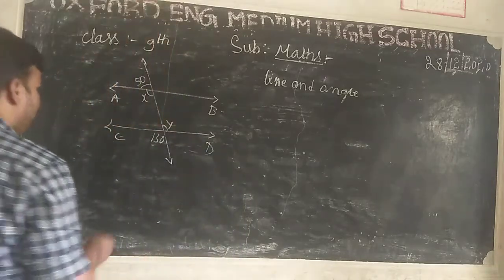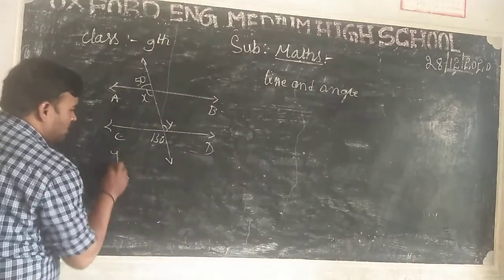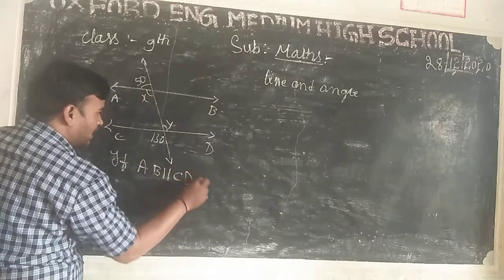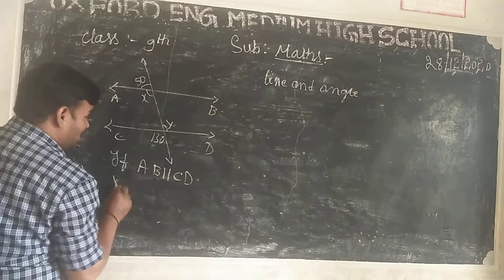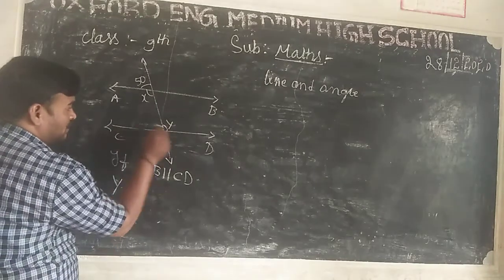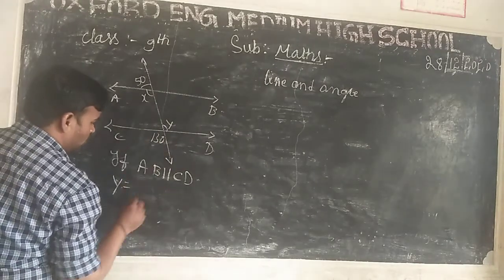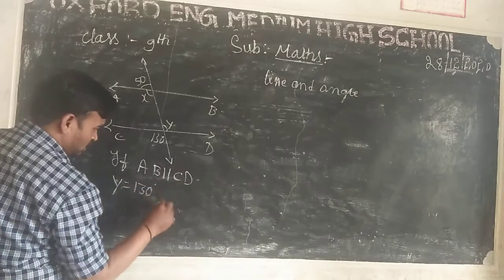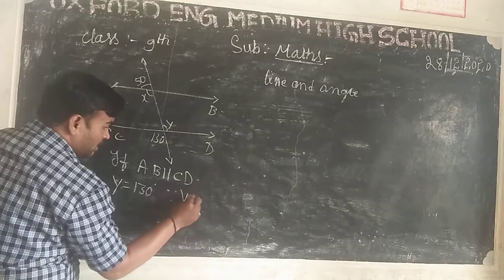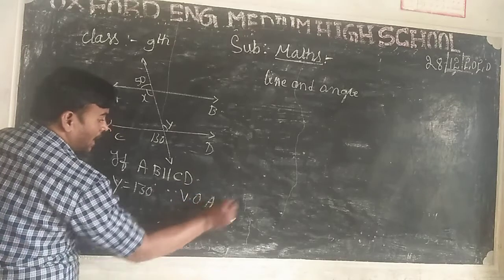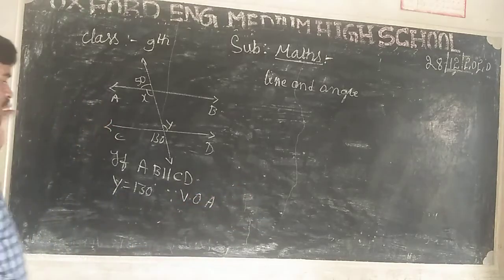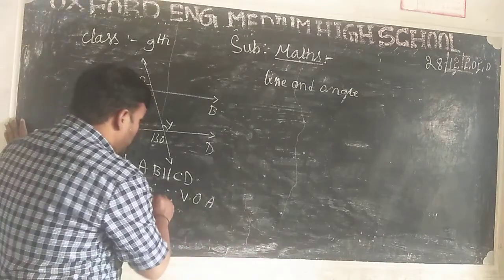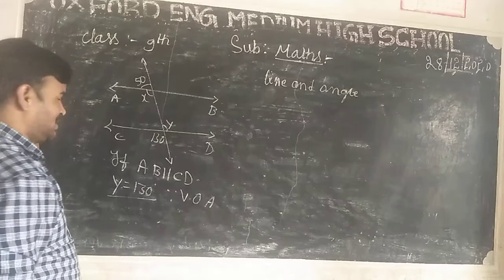So if AB is parallel to CD, then y is equal to this angle. So y is equal to 130 degrees, because of vertically opposite angles. Next, when we know the value of y, you should find the value of x.